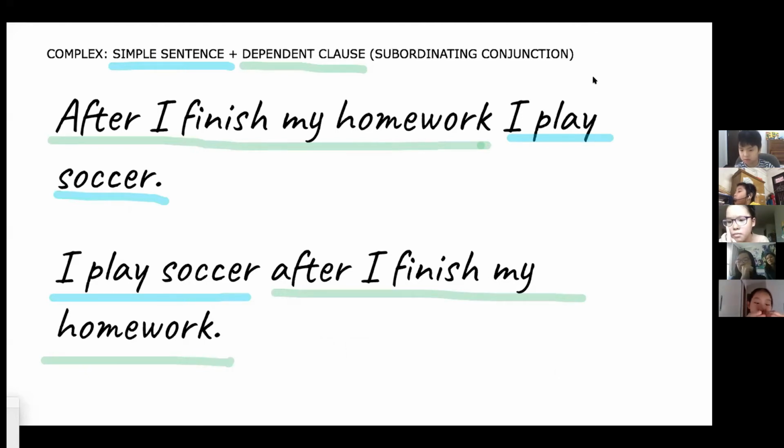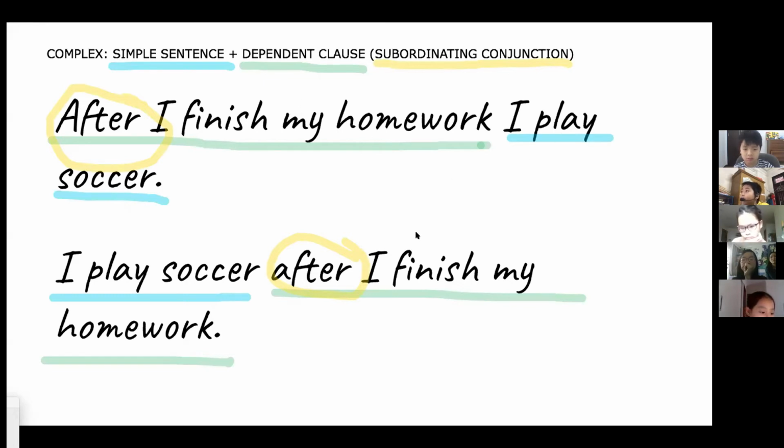The subordinating conjunction is after. Yep, for both of our sentences, our subordinating conjunction is after. That is our joining word here. So in the first one, our subordinating conjunction is at the beginning. In our second sentence, our subordinating conjunction is in the middle.